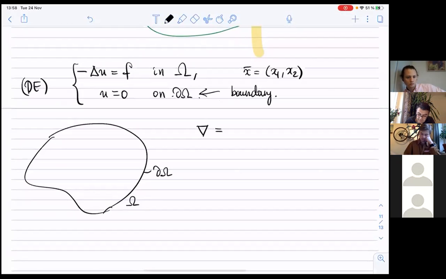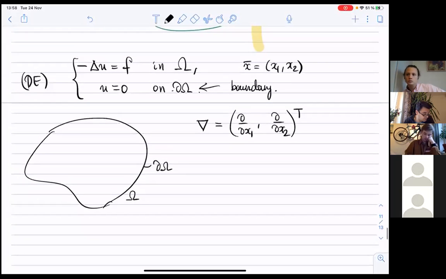It is defined as d dx1, d dx2 transpose. Then this Laplacian operator, this delta, is actually the divergence of the gradient.